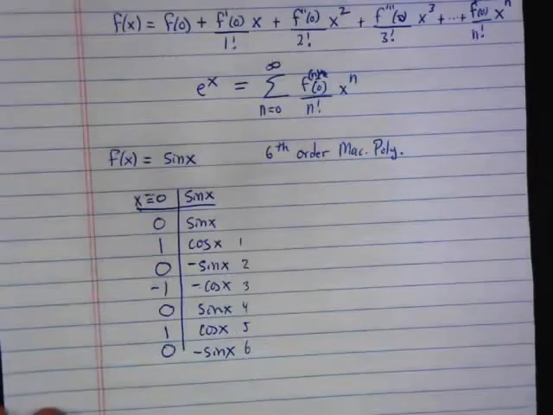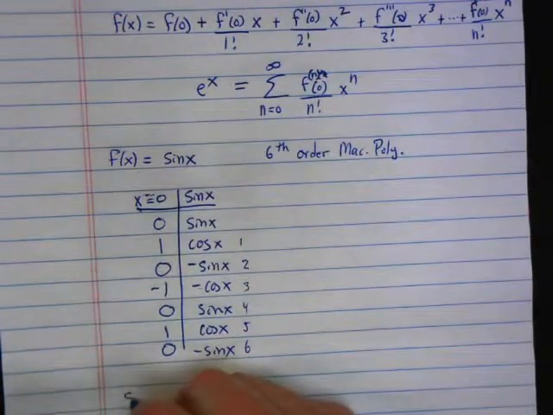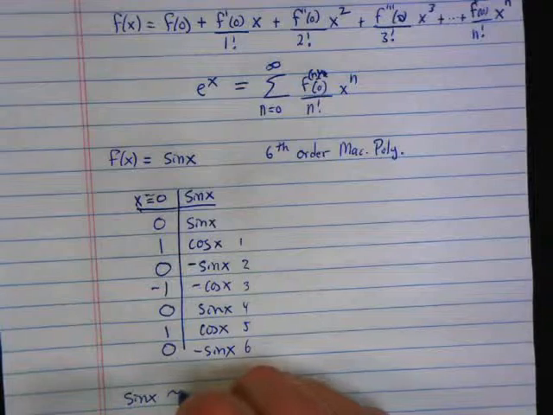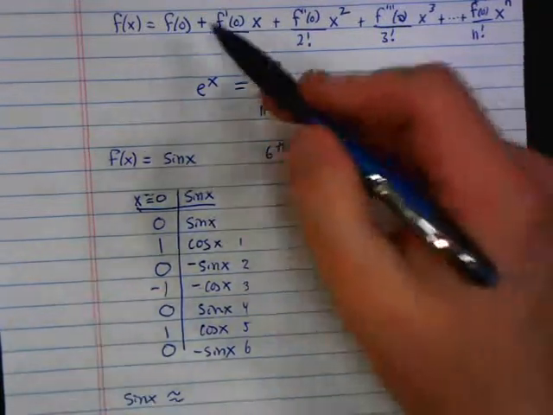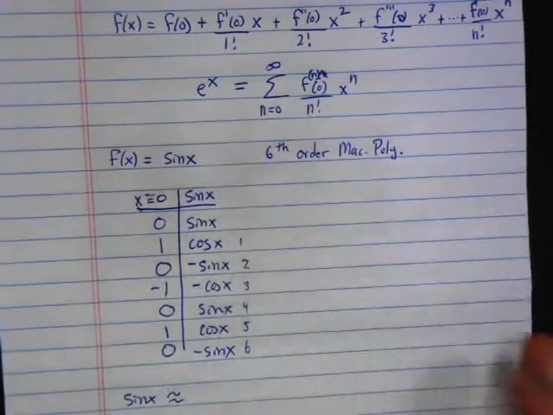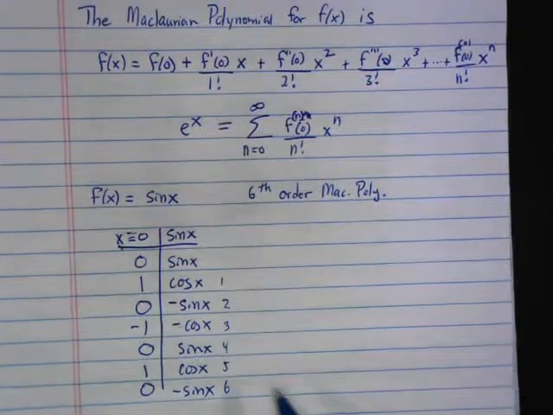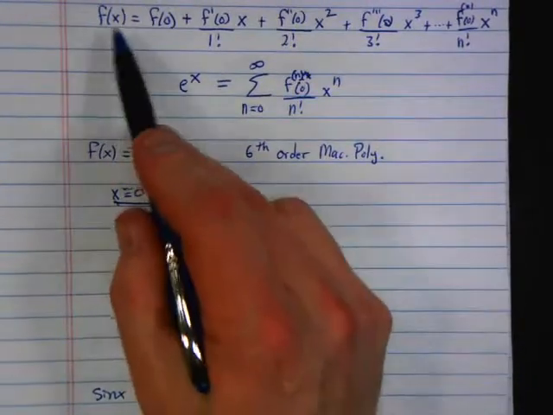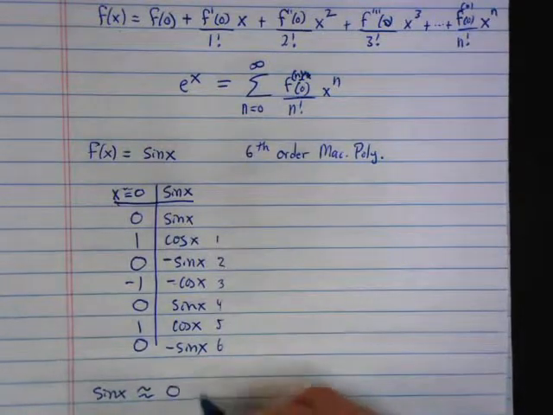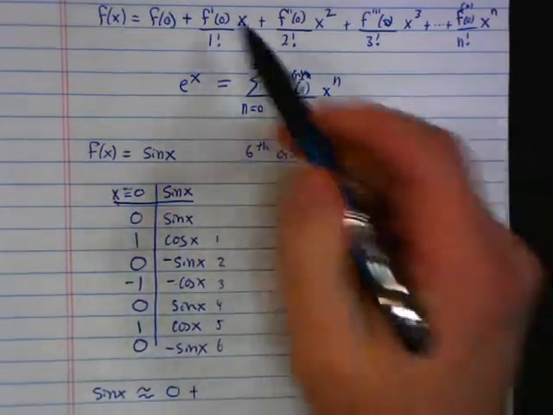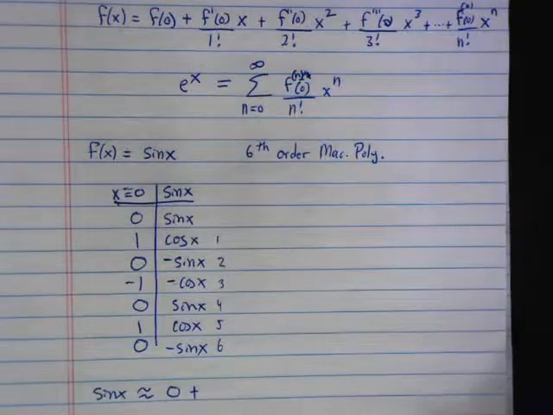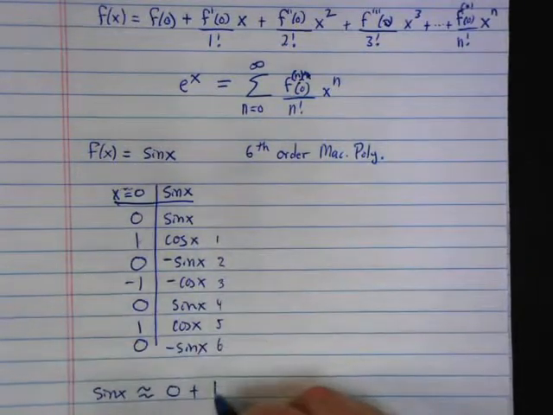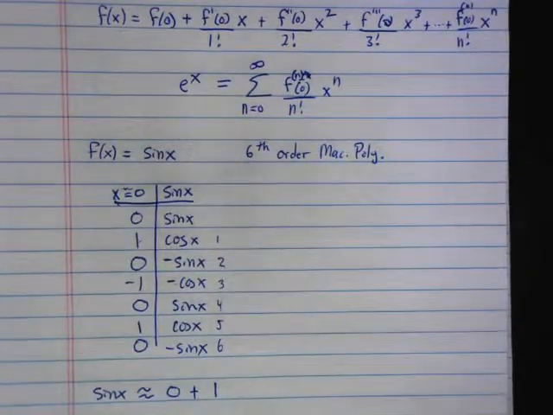Okay, so here's my answer. Sine of x is approximately f at 0. What's f at 0? 0. Put everything in there. F at 0 is 0, so it's going to be 0. Plus, what's f prime at 0? 1. Divided by 1 factorial? That's 1.